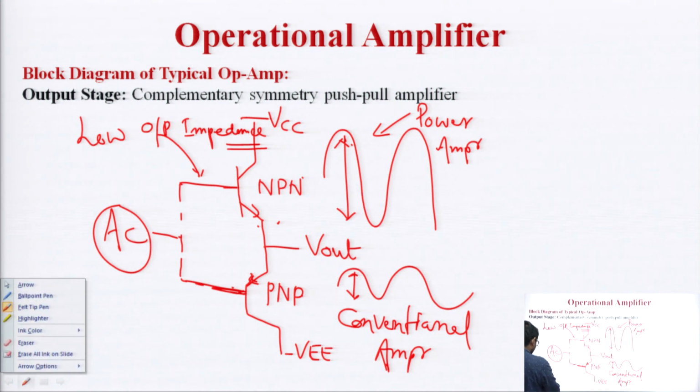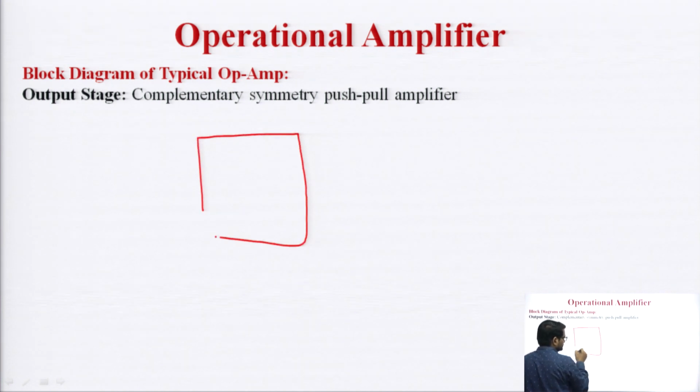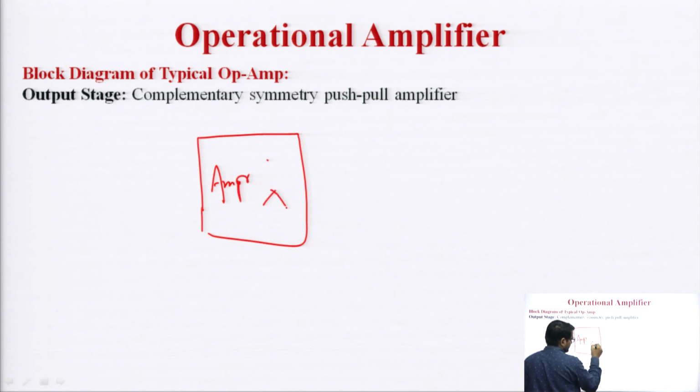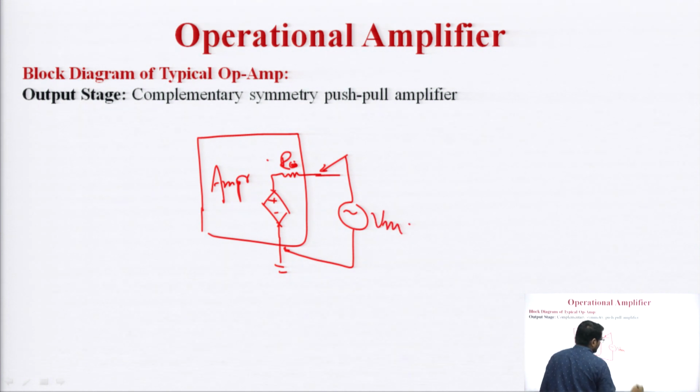What is the purpose of low output impedance? Let us suppose that we have an amplifier device, and it looks like this, with the resistor RO, and we connect a voltmeter VM.